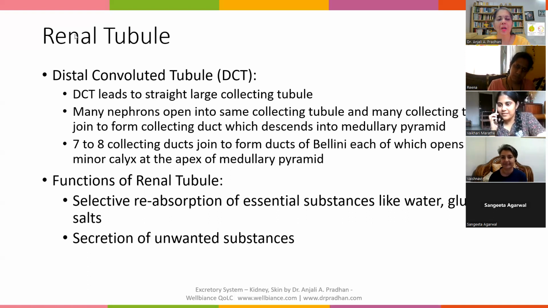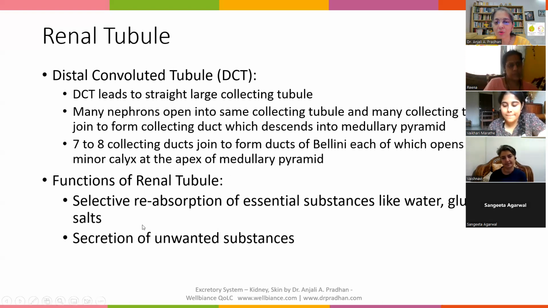Okay? So there is selective reabsorption. Why selective? It is not that all is reabsorbed. Understand, if everything is reabsorbed, then urine will not form. So it is selective reabsorption of essential substances like water, glucose, salt, sodium, potassium, then chloride, carbonate, calcium, magnesium.